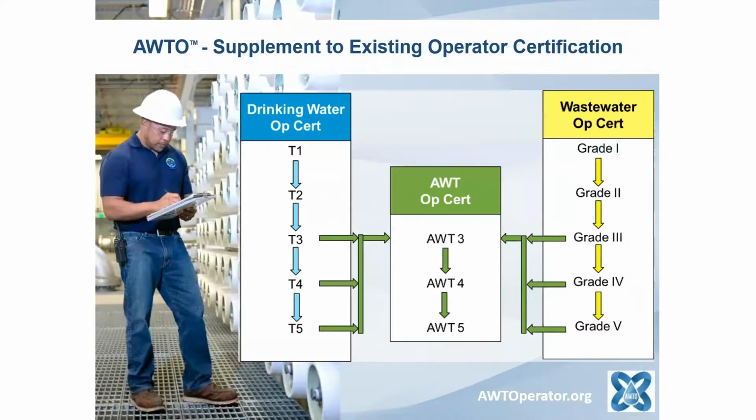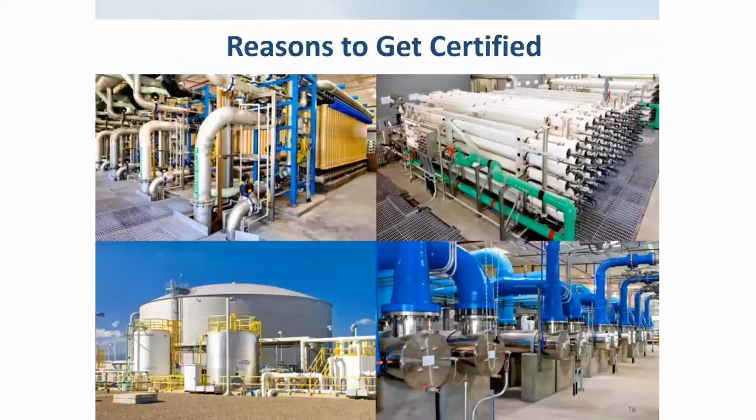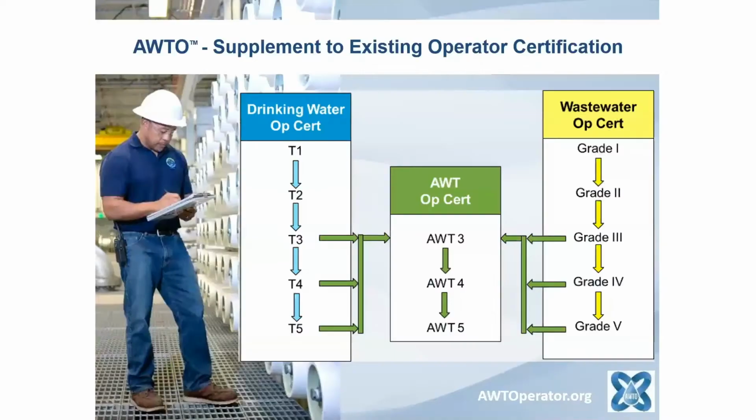Within that program, there are 3 levels defined, and we'll get into what those entail in a little bit. The baseline to get in is level 3, but whether you're level 3, 4, or 5 in water or wastewater, they all feed into 3. And once you have a 3, regardless of what other certifications you have, you can move up to AWT4 and AWT5. You don't need a T5 to get an AWT5. You just need a T3, and then an AWT3, AWT4, AWT5.